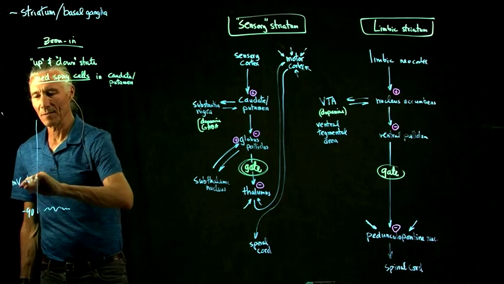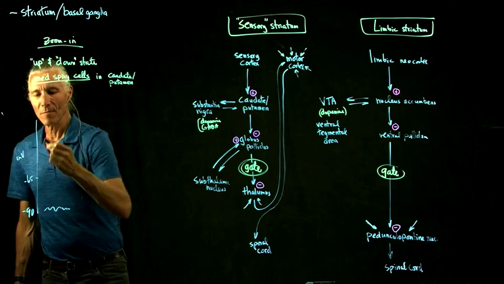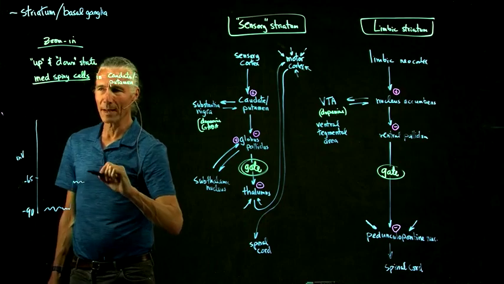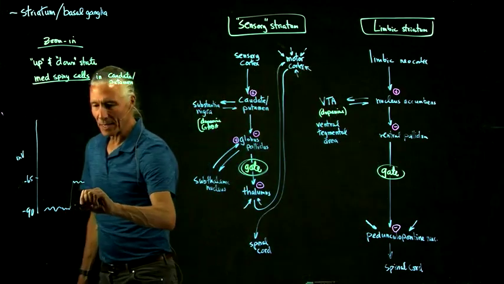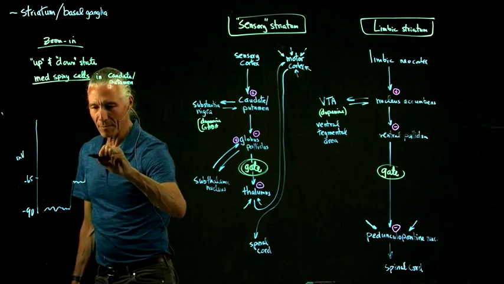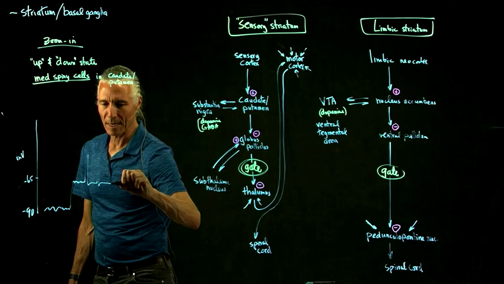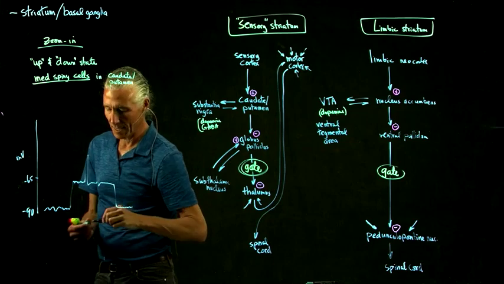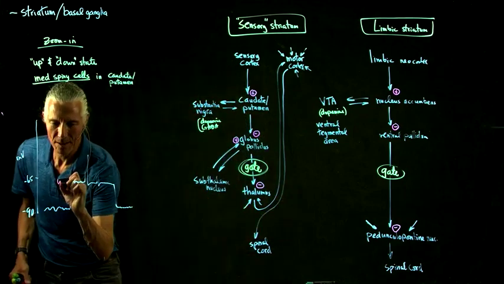Then the cell will just pop up to about minus 65. It won't necessarily spike, but when it's in that up state, it's capable of spiking. It may or may not spike in the up state. Then you'll see it pop down, and it never spikes in the down state.